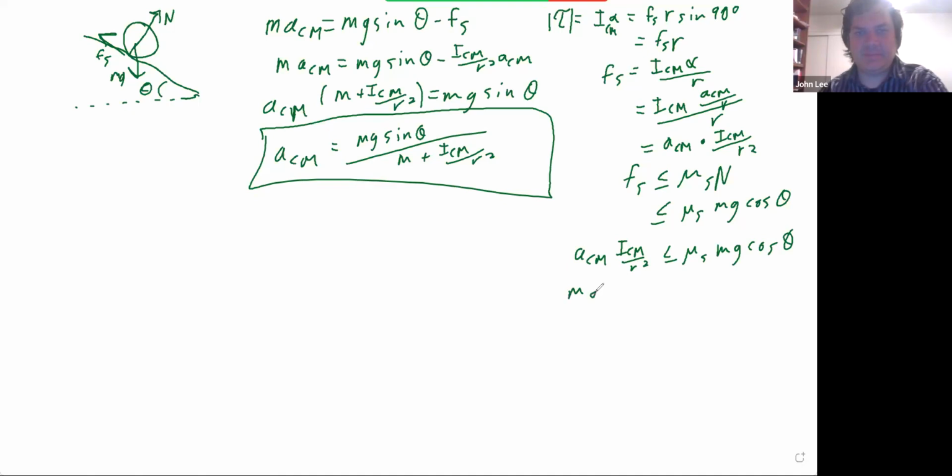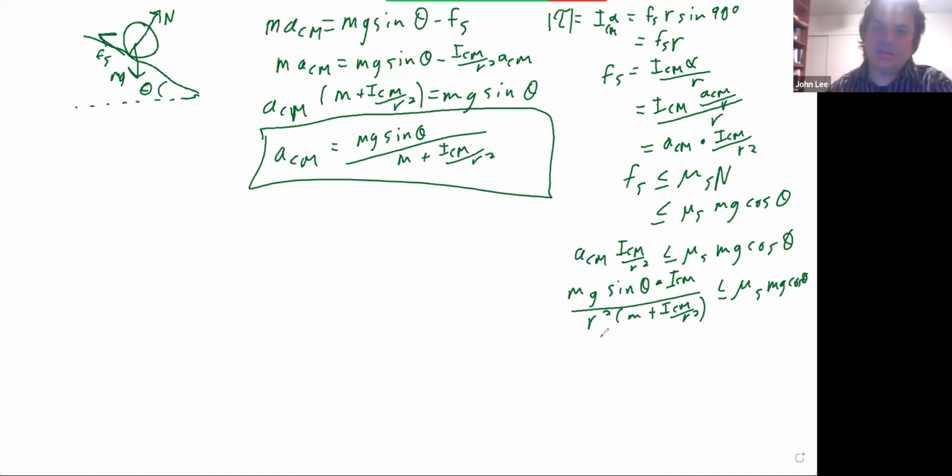So mg sine theta times I center of mass over r squared, times m plus I center of mass over r squared, is less than or equal to mu s mg cosine theta. So mg gets canceled out.